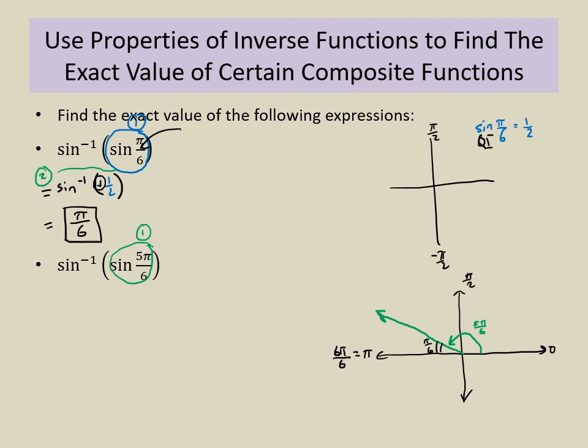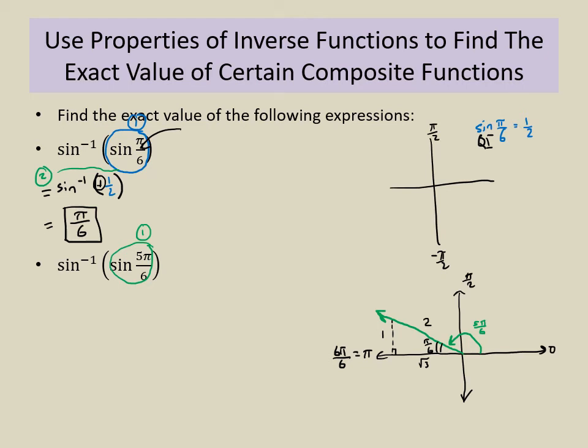Okay, so what is sine of this angle? Well, we can go ahead and draw our right triangle. This is a pi over 6. So the ratios are 1, square root 3, and 2.